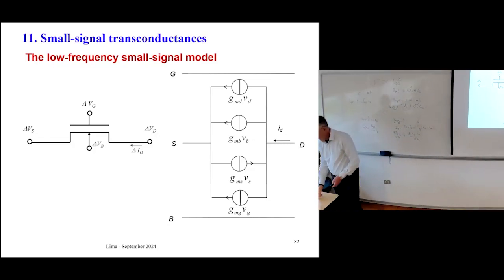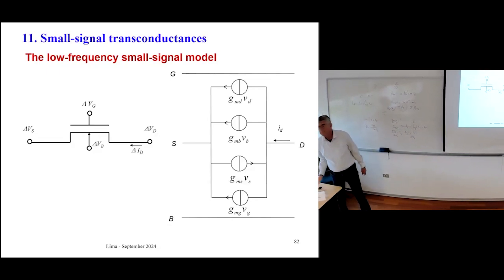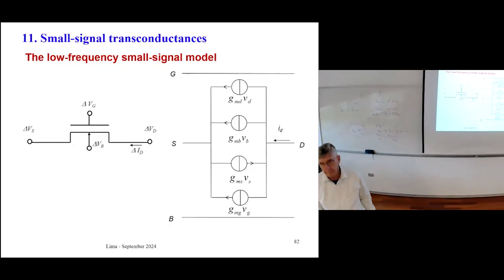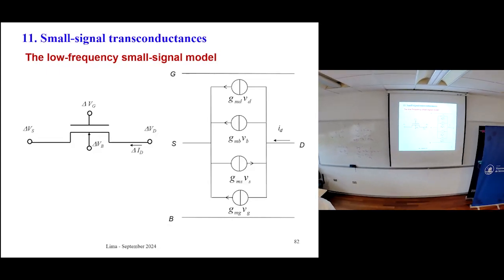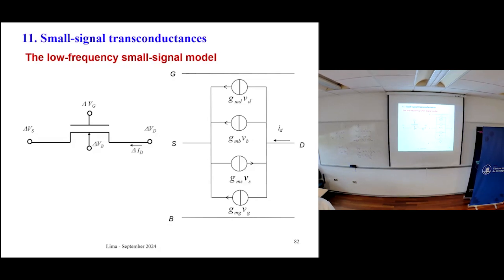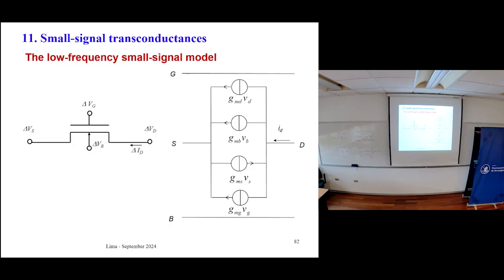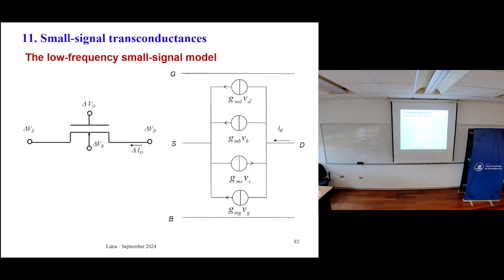Professor, one question. Did you consider a short channel less than 100 nanometers? So, short channel, yeah, less than 100 nanometers? This model? Yeah, because you have shown the equation for long channel.